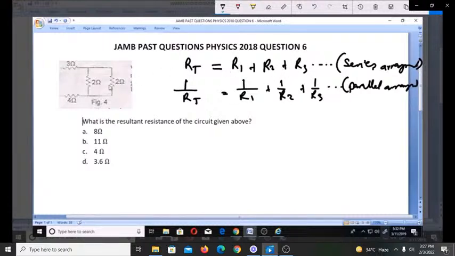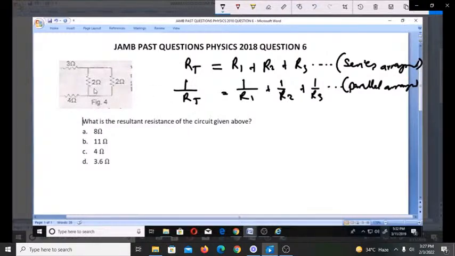So like these 2 ohm and 2 ohm, they are in parallel, but the combination of these two and the 3 ohm are in series. So we're going to find out a way of doing this. We can do these 2 ohms that are in parallel first.